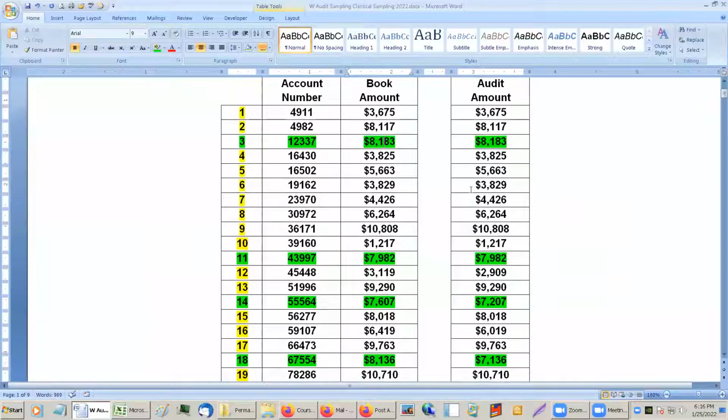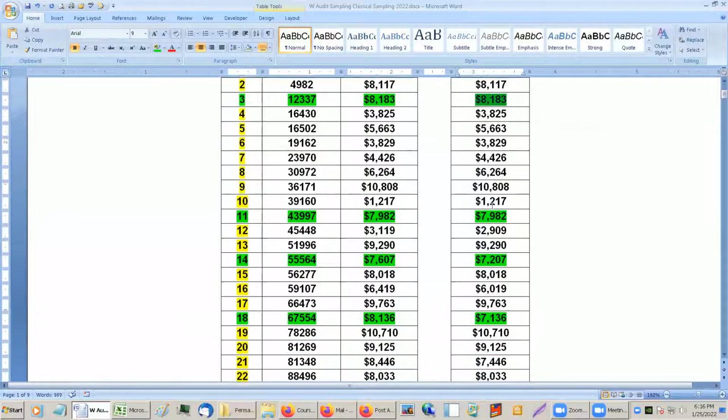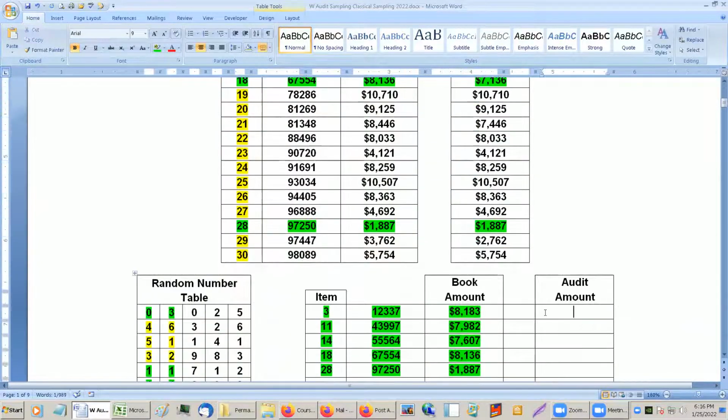And the first one, it looks okay. The book amount was 81.83. The audit amount is that. So the first one is okay.